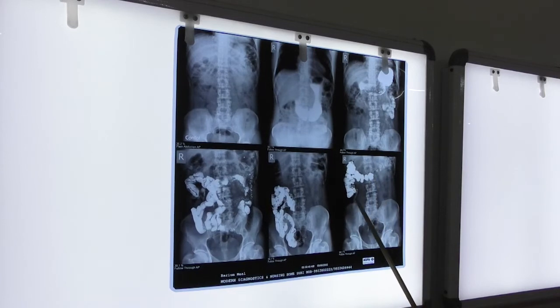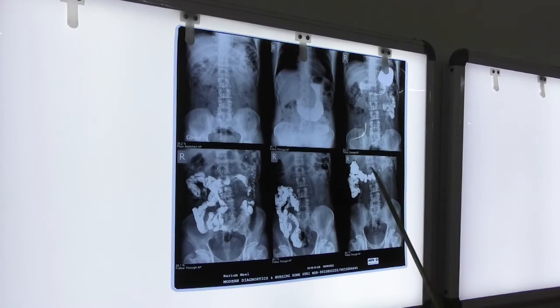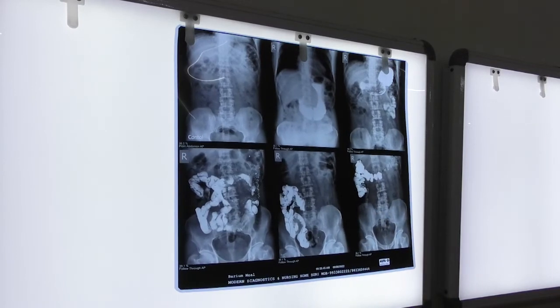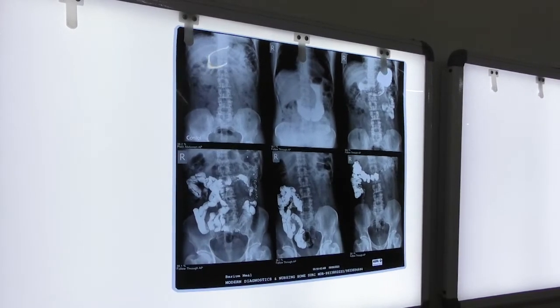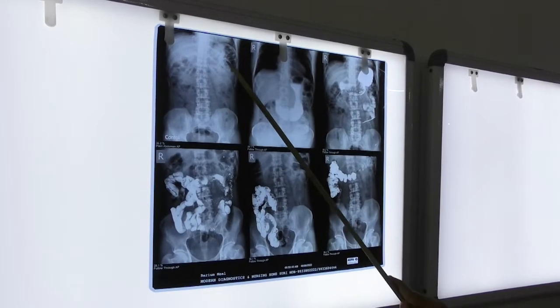This is the ileum, and this is the cecum, ascending colon, transverse colon. So this is the barium meal follow through.